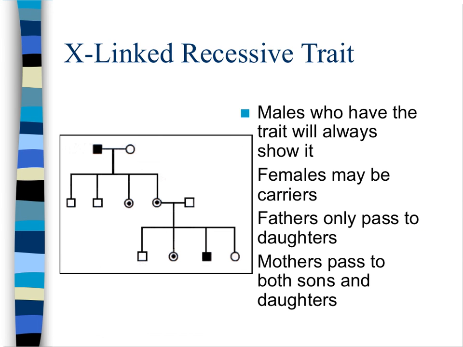X-linked recessive traits are always present in people with the XY chromosome, so that's what you see here. They, however, are not always present or visible in females who are carriers. If you have two X chromosomes, you could be heterozygous for this trait, and it's not visible because it's recessive. Fathers will always pass this trait on to their daughters to carry, but never their sons.